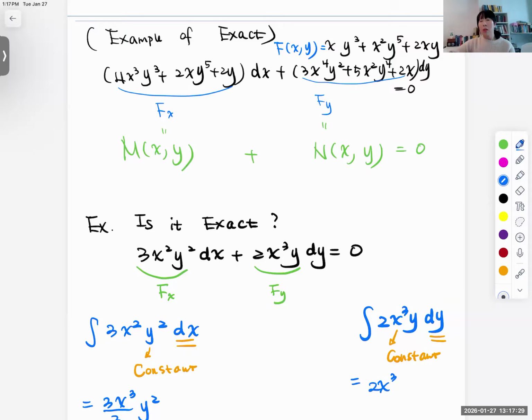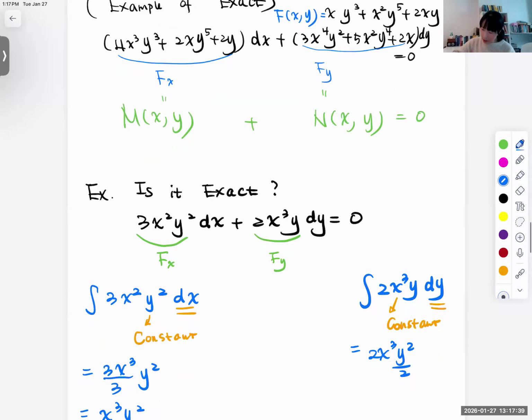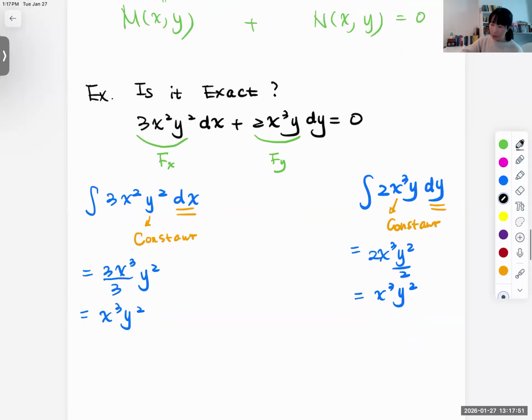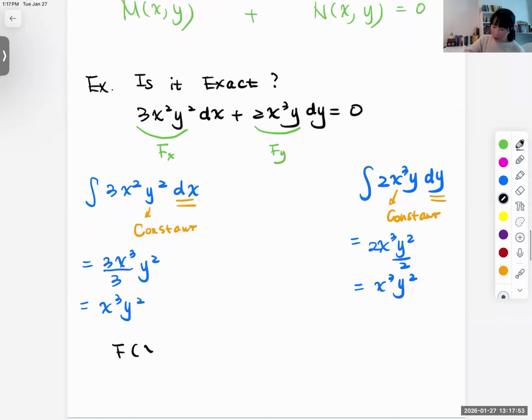Then we do the antiderivative with respect to y, so y to the second power over 2, plus c. Then we get x to the third power y to the second power. Look, it matched, right? So that will be the original continuous function, f of x, y equal to x to the third, y to the second power.